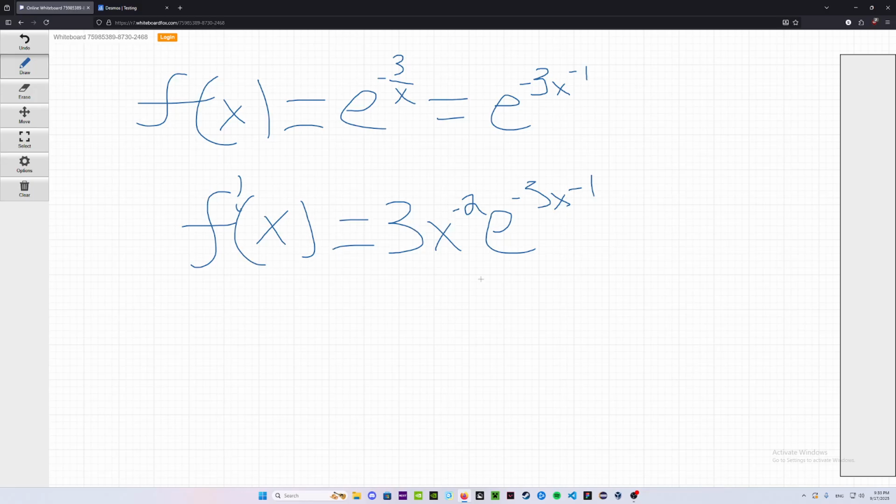Okay, now of course you have this, but you don't want to leave this all in negative numbers. So, see this 3 here? 3 is going to be on top. This x is going to be on the bottom because it's negative. This e will also be on the bottom because it's negative. Okay, so what we're going to do here is basically we kind of want to simplify this.